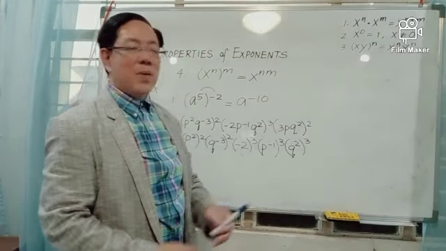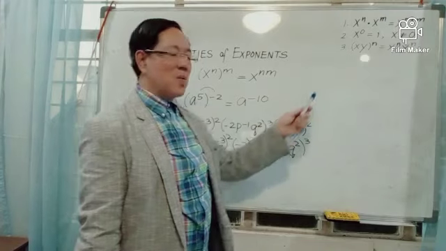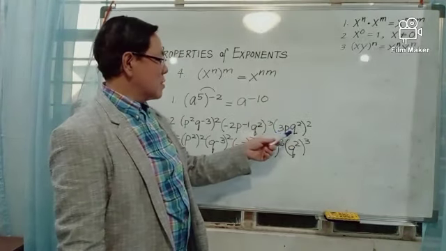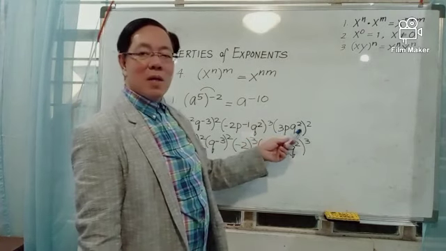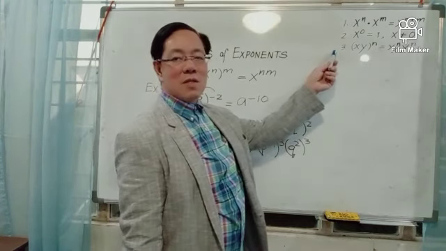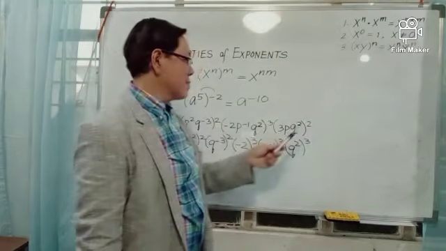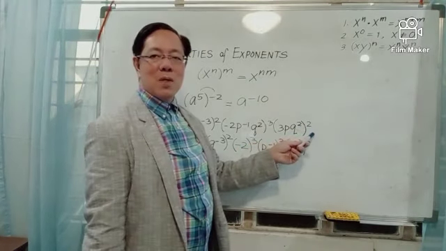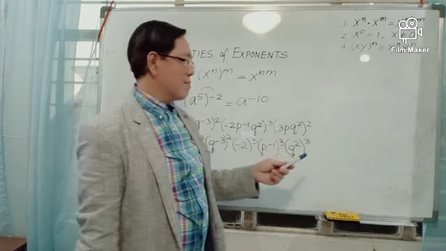And we also apply the third property of exponent to the last factor of the given. To simplify 3p q squared raised to 2, we apply this third property of exponent. We raise 3, p, and q squared to the power 2 and we multiply.